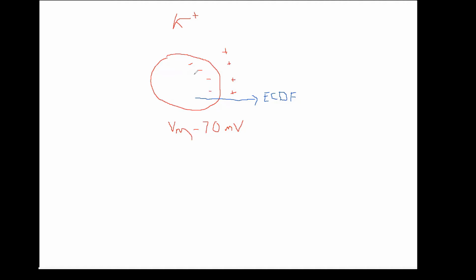We know that the inside of this cell has a voltage of -70 millivolts, and we know that potassium is positively charged. Because opposite charges attract, we're going to have an electrical gradient moving into the cell. So the electrical driving force leads that positive charge on potassium to want to join up with that negative charge inside the cell. So our EDF points inward.